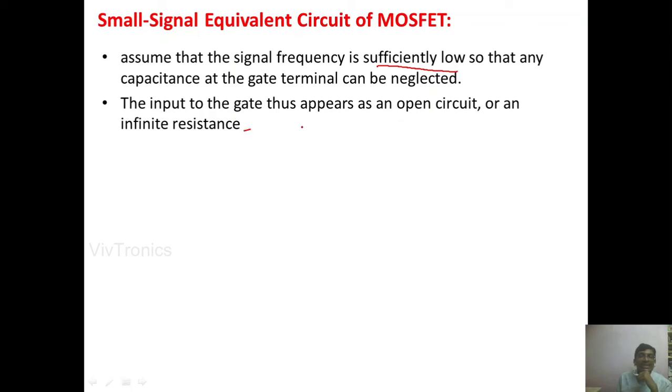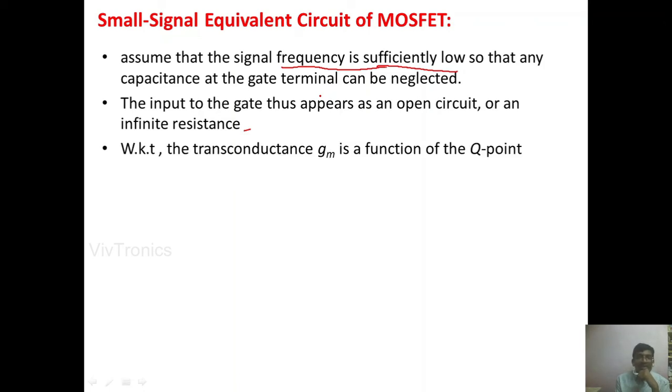We already know the reactance of capacitances is very high for low frequency signals like DC signals. As we are assuming the frequency is sufficiently low, the gate to source capacitance offers very high reactance, so it can be replaced with an open circuit or infinite resistance.